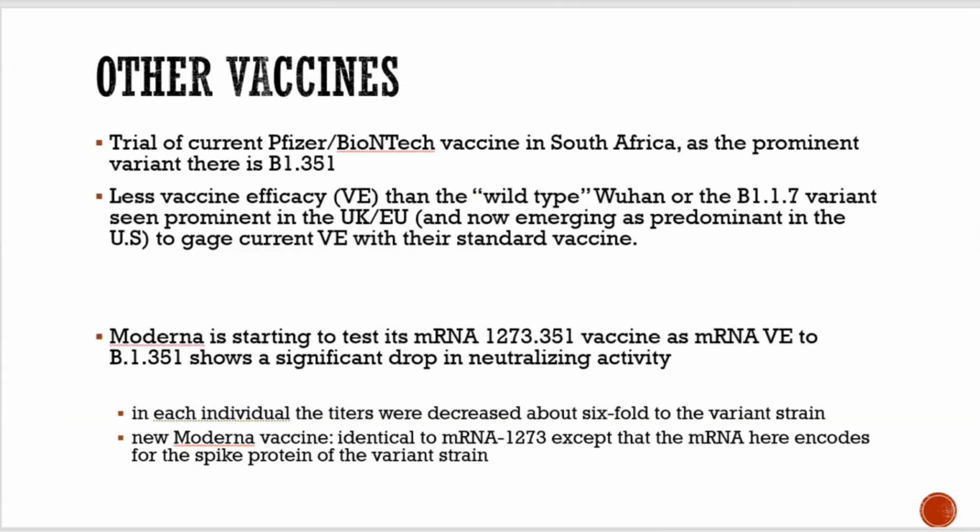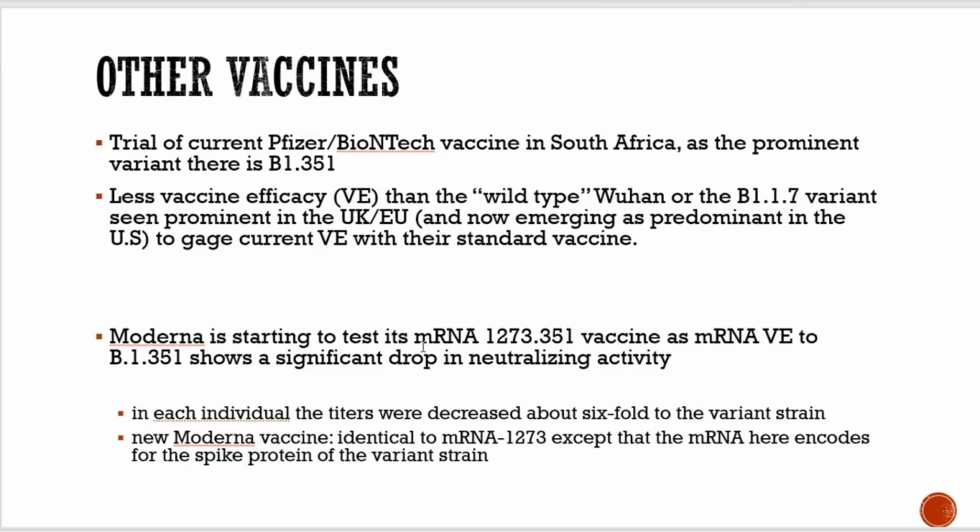And then this is just mentioning some of the studies that I already alluded to that are already going on. Studies from Pfizer and BioNTech in South Africa have already shown that vaccine efficacy is significantly decreased with these new variants, especially the B.1.351.